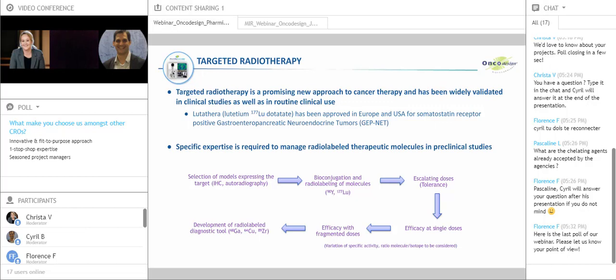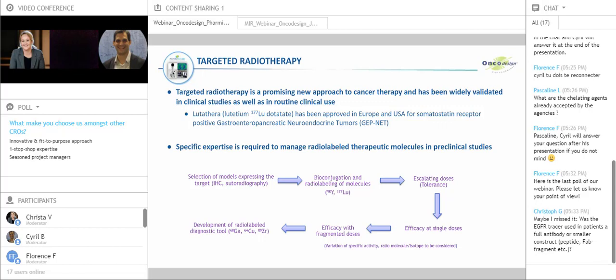Using such an isotope requires some expertise and some level of radioprotection, because of the beta emitter and the half-life of this radioisotope, which is more complicated to manage than fluorine or the short-life isotopes. You will perform a first escalating dose to measure the tolerance of the preclinical models to this peptide and to the specific activity that you will use.